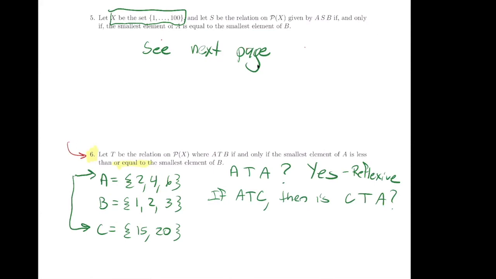The question here is, let's consider the two sets here, A and C. A is related to C because its smallest element is less than or equal to the smallest element of C. The question is, what about the symmetric property? Is it therefore going to be true that C is related to A? So tell me what you think about the symmetric property of this relation.